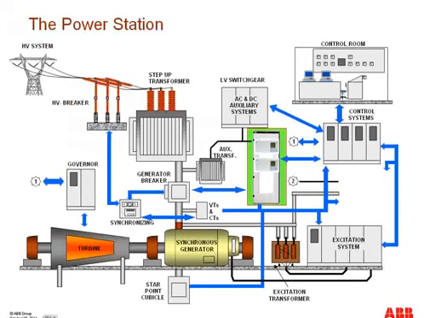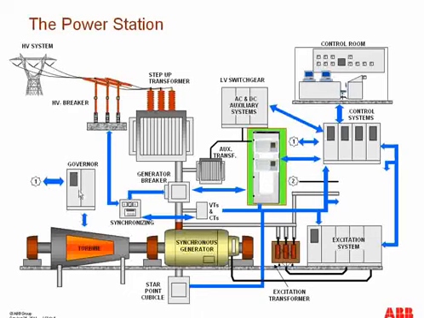Any disruption or interruption in this part of our system, which is the power station, has very grave consequences on the power system, both with respect to revenue loss as well as sometimes it is injurious to human life as well.